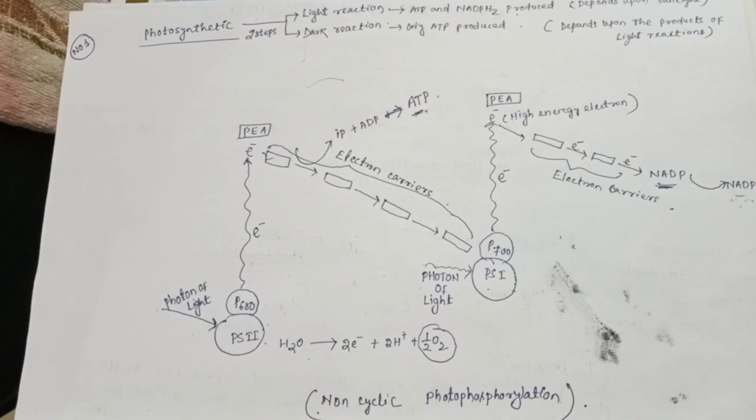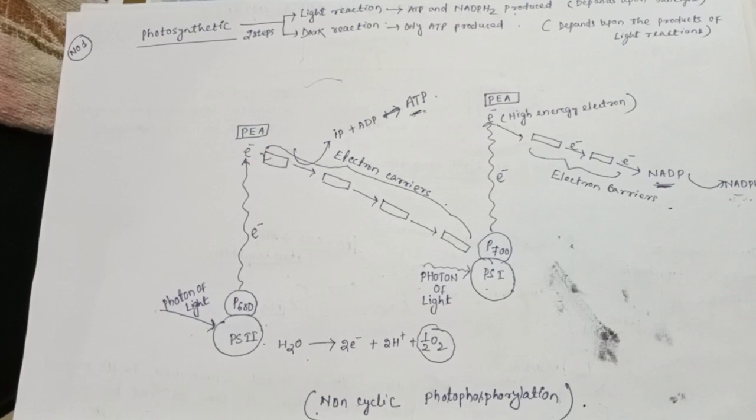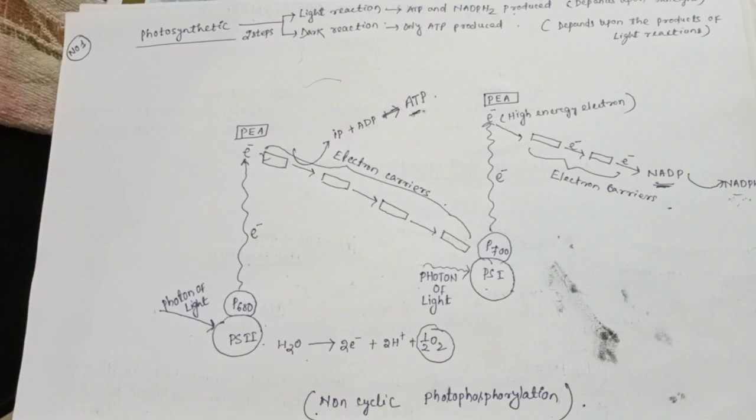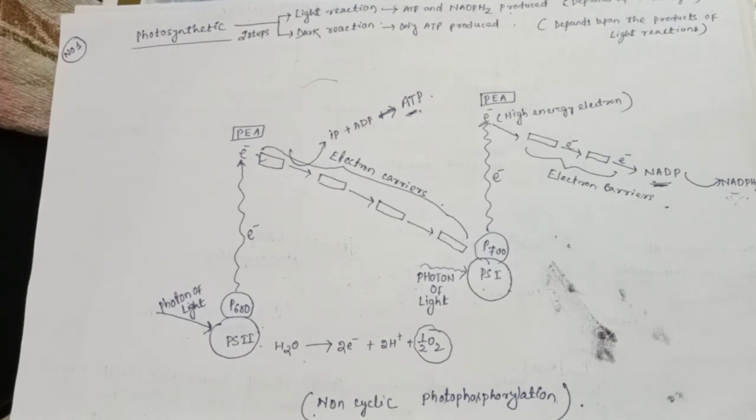During the mechanism of light reaction, both photosystems work simultaneously. Both are excited at the same time. Whenever a photon of light is absorbed by both photosystems, their respective special chlorophyll, that is the reaction center, becomes excited and releases its electron, and this is a high energy electron.